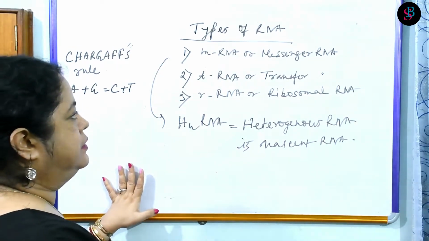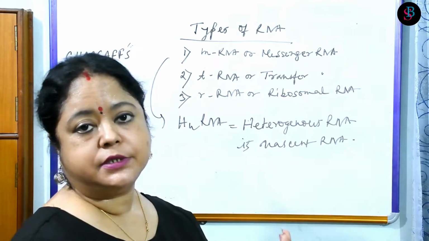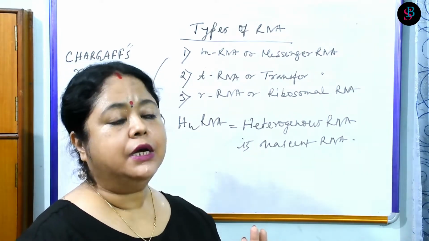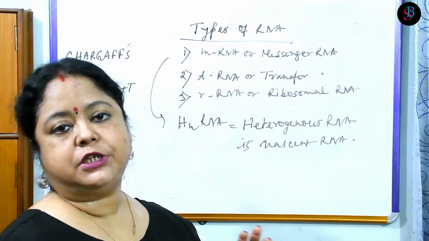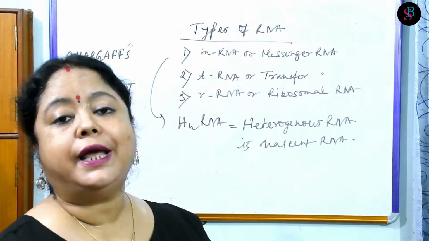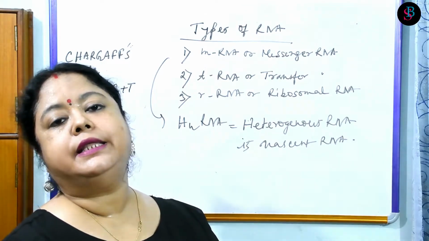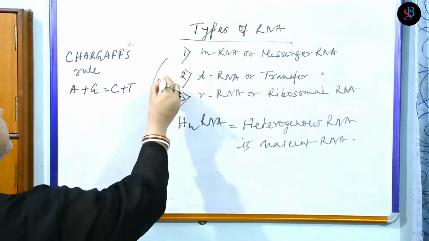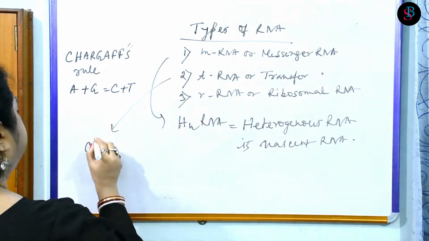During this procedure, they fold in such a manner that they look like a double bonded structure, known as the clover leaf model. So tRNA in its functional form has the clover leaf model.